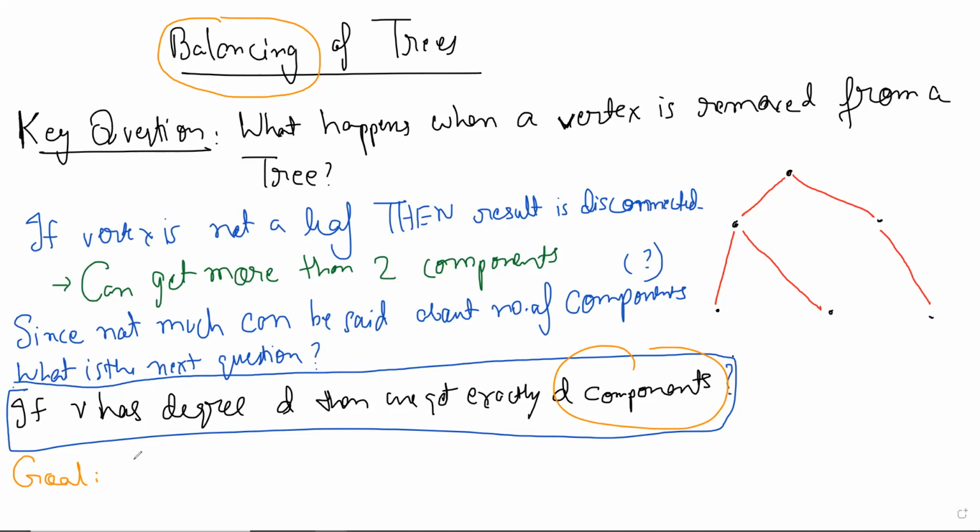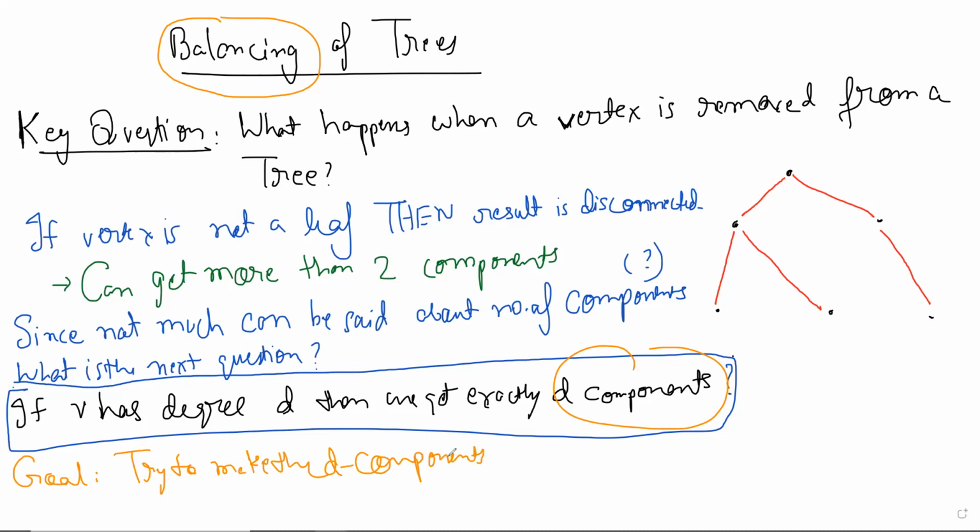Okay. So the goal is, maybe now I should write it clearly. The goal is to try to make the D components. So there are D trees you get, right? Different trees.